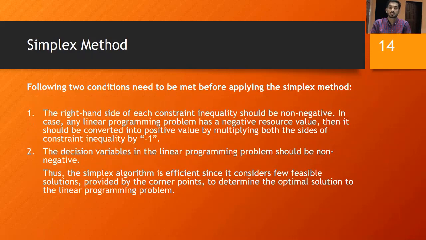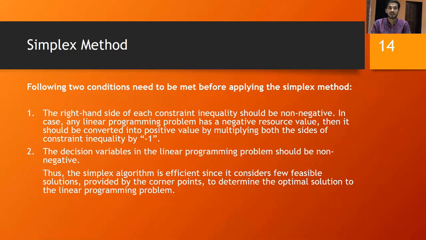So the following two conditions need to be met before applying the simplex method. Number one, the right-hand side of each constraint inequality should be non-negative. In case any linear programming problem has a negative resource value, then it should be converted into a positive value by multiplying both sides of the constraint inequality by -1.